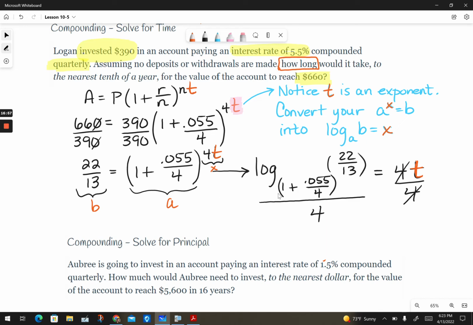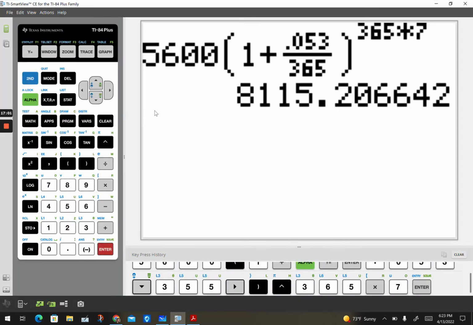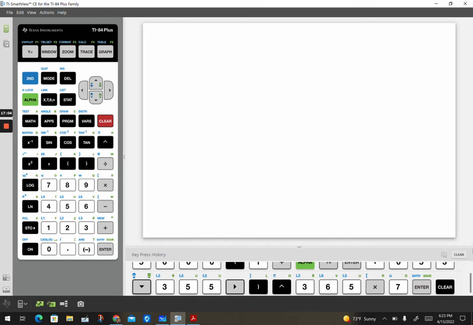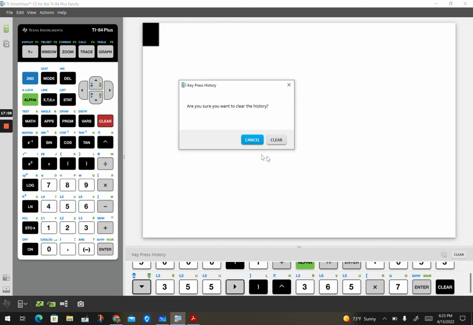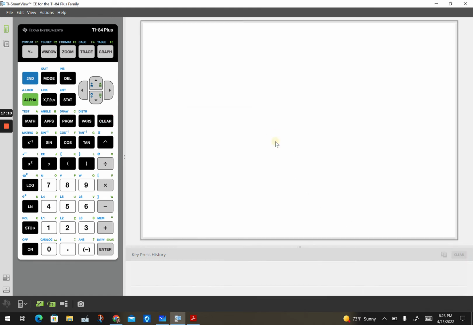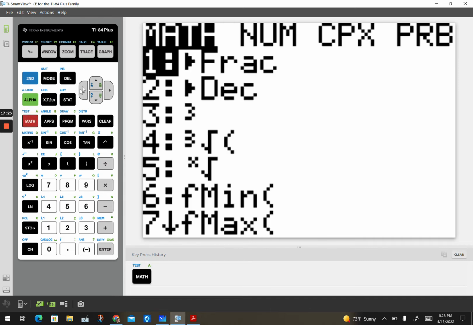Okay, if you would follow along with me, on the far left, underneath your green button, if you are following along with a TI, you're going to press math. Then go over to the up button and press it 2 or 3 times, depending on where you need to go. Notice I'm going to highlight what it says log base, and hit enter on that.